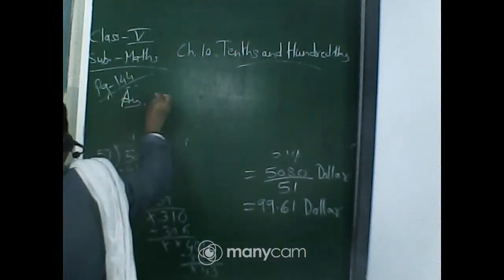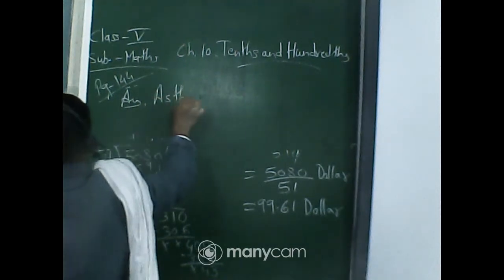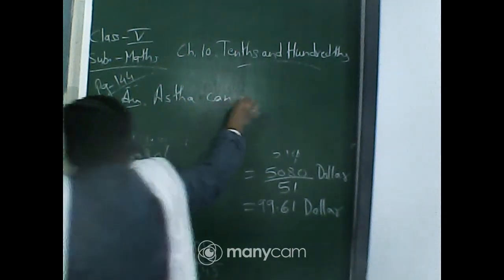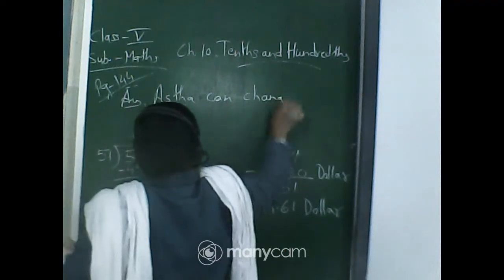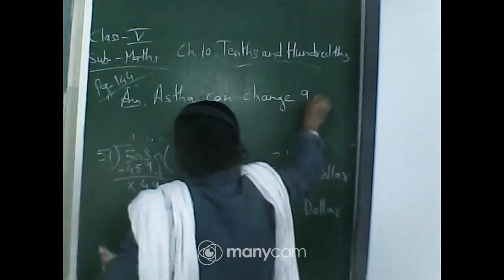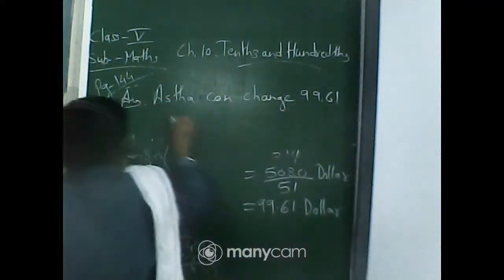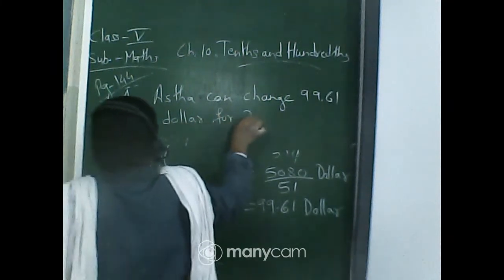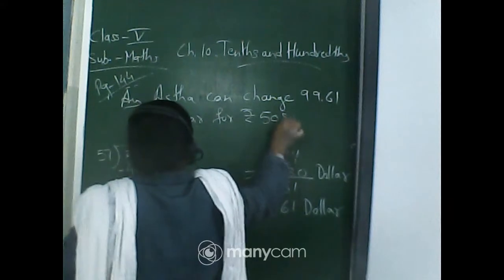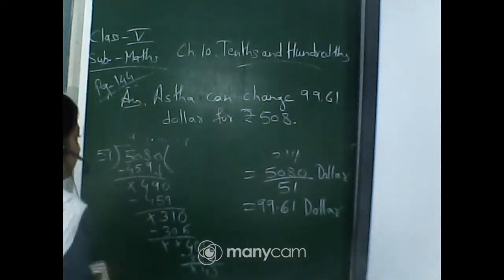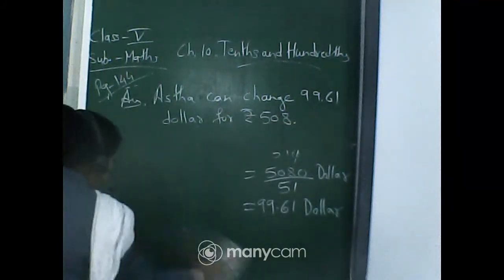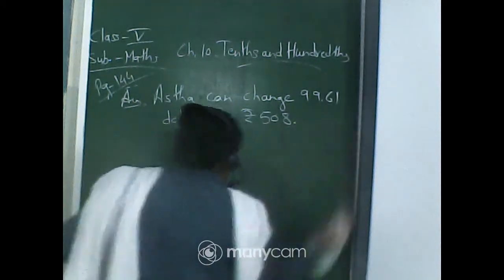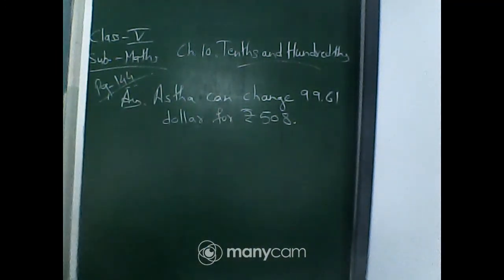Answer will be: Astha can change $99.61 for rupees 508. For rupees 508. Okay. For rupees 508. Understood?